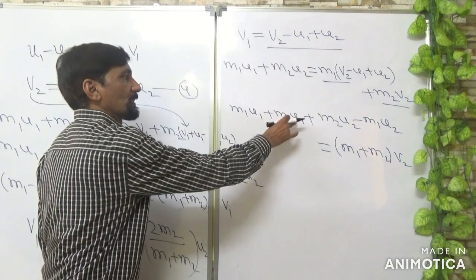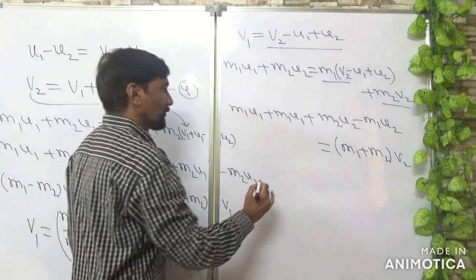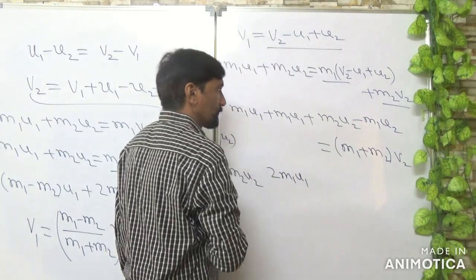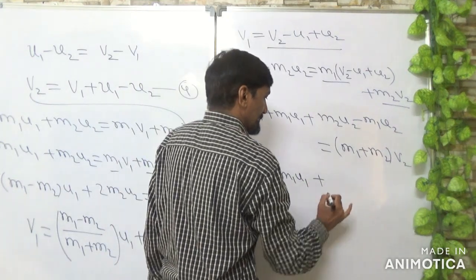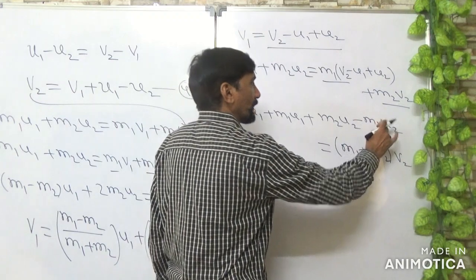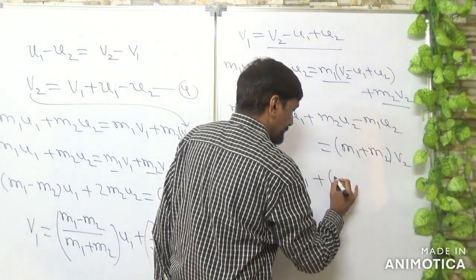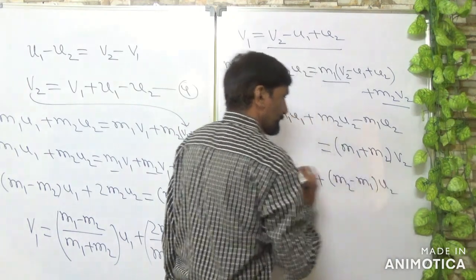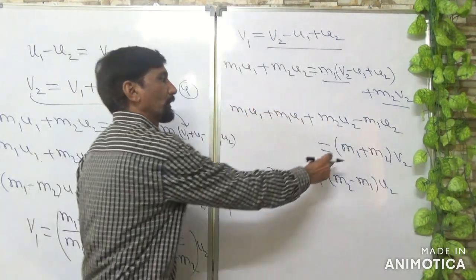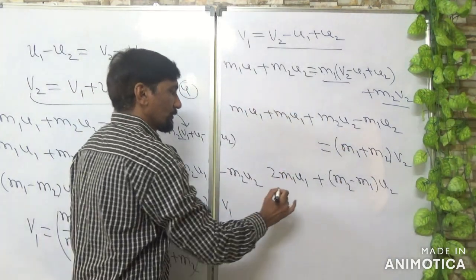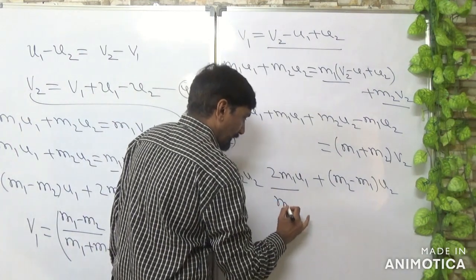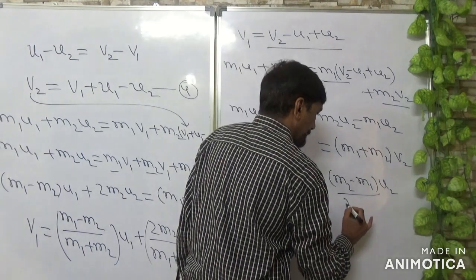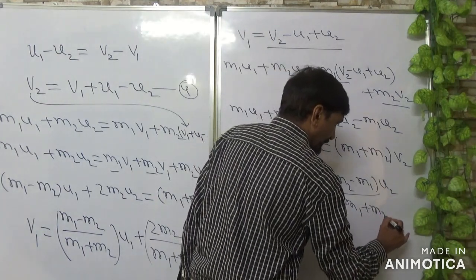So m1 u1 plus m1 u1 is nothing but 2 m1 u1, plus you can take m2 minus m1 common with u2, divided by m1 plus m2.